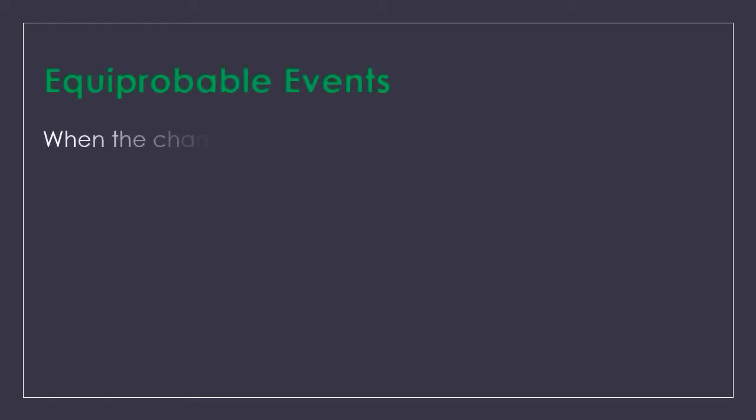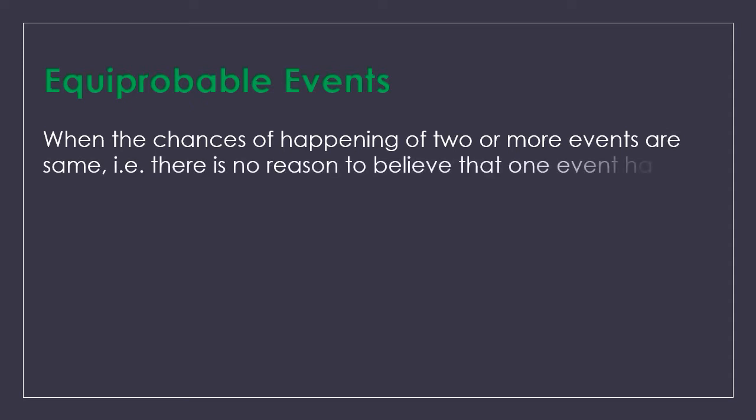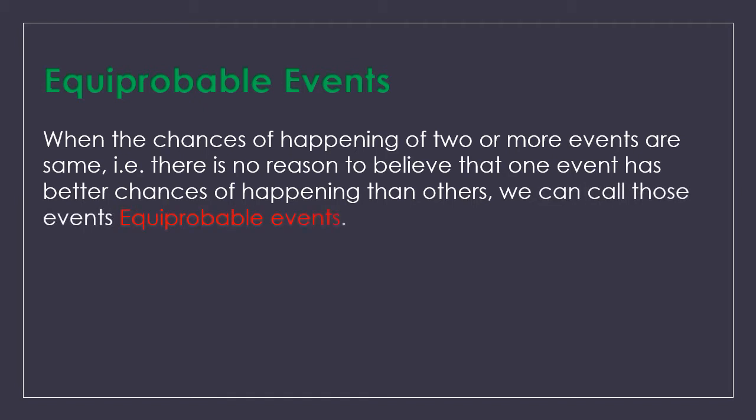Now, when the chances of happening of two or more events are the same, in essence, there is no reason to believe that one event has a better chance of happening than the rest of the events, then we can say that these events are equiprobable events. Basically it means their probability of happening is the same, equal, so we call them equiprobable events.